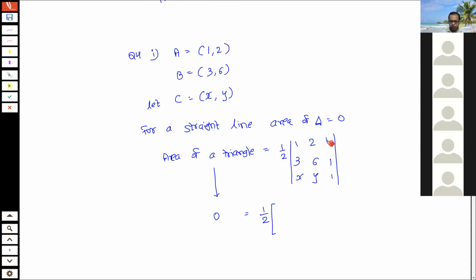Here 1, 2 and 1. 1 into small determinant, 2 with sign changed into small determinant, again plus 1 into small determinant. Okay, so in position of 1, we will have 6, 1, y, 1. In position of 2, we will have 3, 1, x, 1.